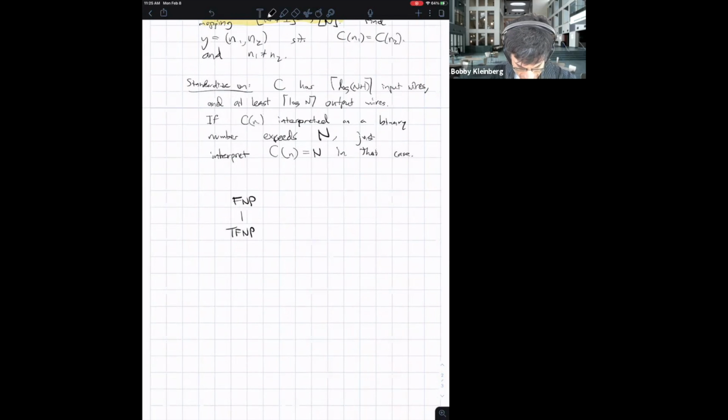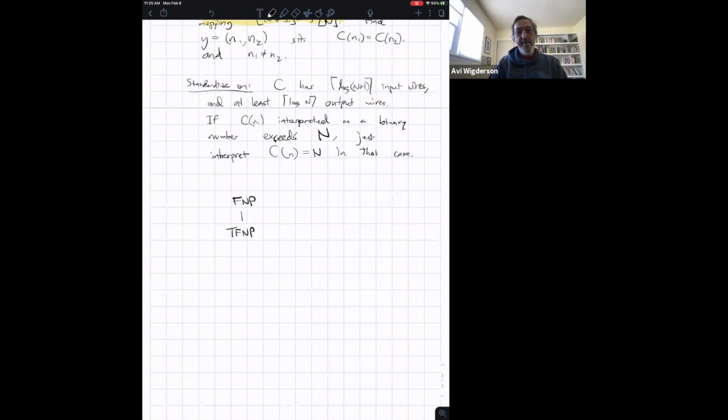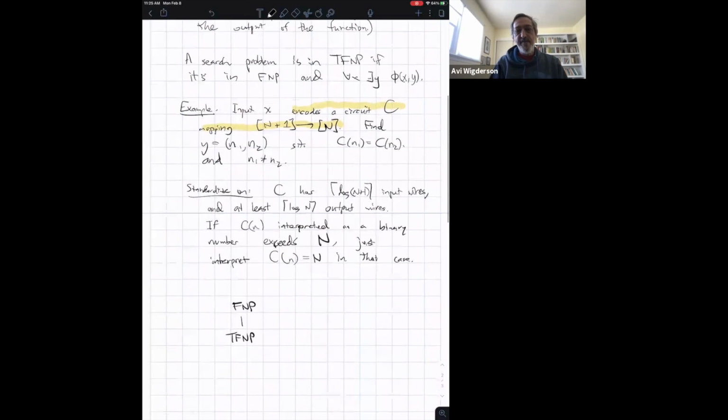Just to say, for those that maybe all these bit lengths are confusing, just to relate this example to the definition: first of all, it's very easy to check if two n1 and n2 satisfy this collision property for anyone who has the circuit, because it just evaluates it.